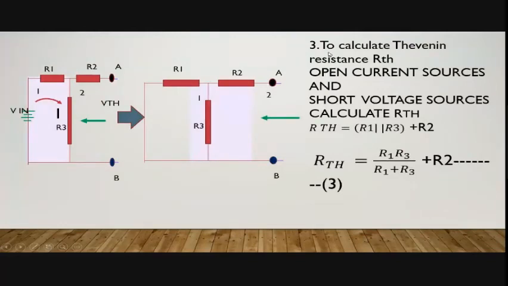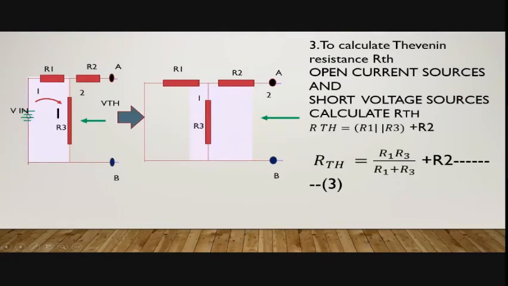Then the third point is to calculate Thevenin's resistance RTH. We have calculated VTH. Now let us calculate RTH. So how to calculate RTH? We take the same circuit where we have removed the load resistance, and then we short the voltage source.